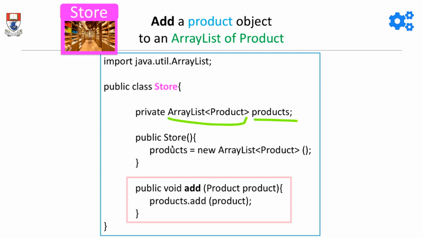We also have the store constructor method, which initializes the products variable. And then we have our add method, which takes in a product. This is what we've just gone through on the last page. And it's going to add the product that we've just taken in to the products collection.